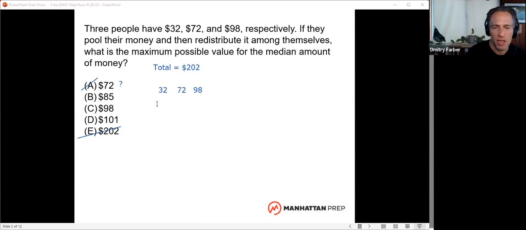What if I just took one away from this one, gave it to this one? Can I do that? Seems like I can redistribute it a little bit, and that already has now disproven A, so I can now confidently cross off A.